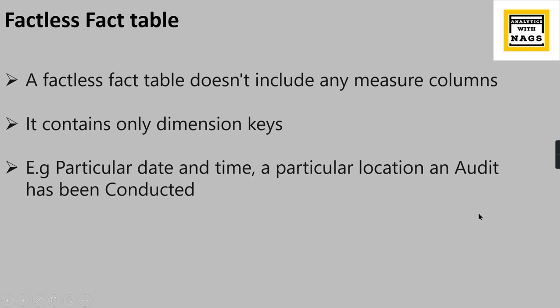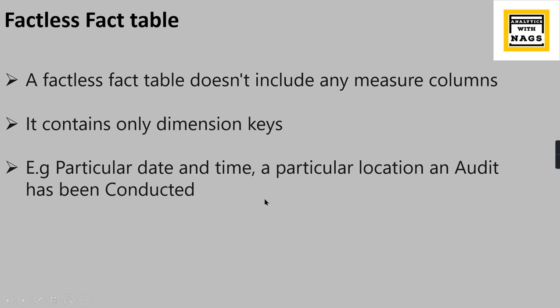That's it. When you have this, there is no measure to sum up or aggregate. So in the factless fact table, you can only count the audits that happen in this location, in this time, or conducted by which person. So only the count can be the aggregation in the case of a factless fact table.